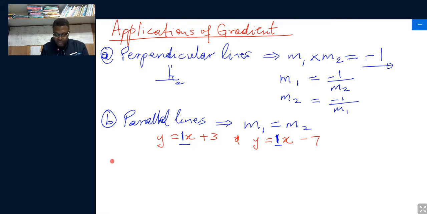Number 3. We may also want to determine if points are collinear. Collinear points.